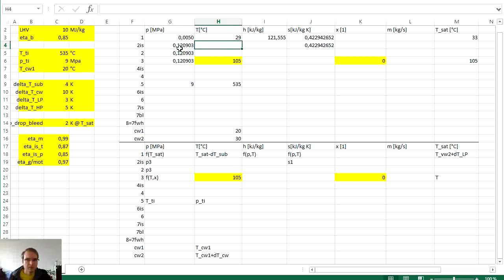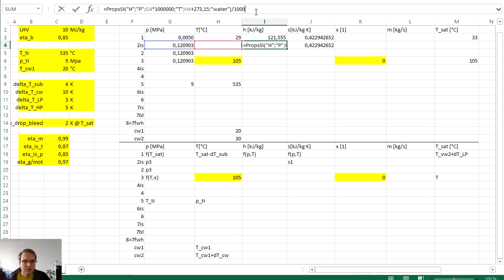So now for point number 2, we already have pressure and entropy, so we have two thermodynamic parameters. We can calculate the others. Here we will want the enthalpy.